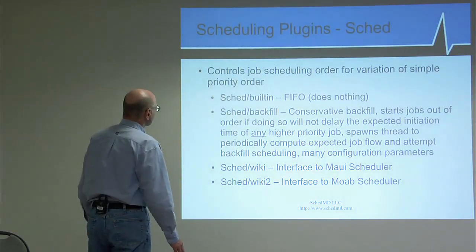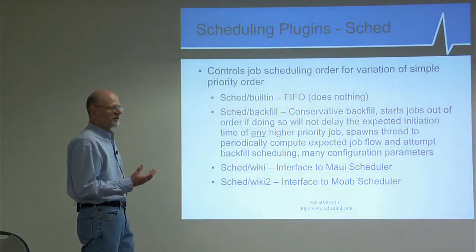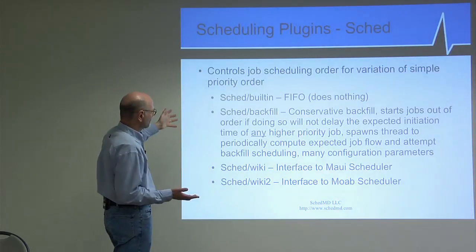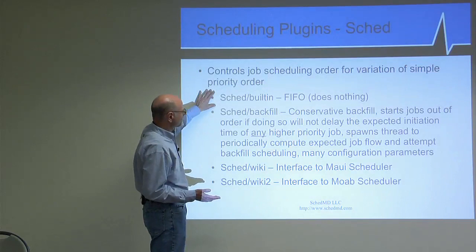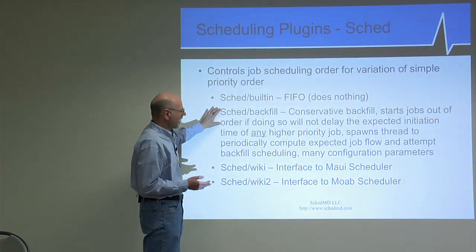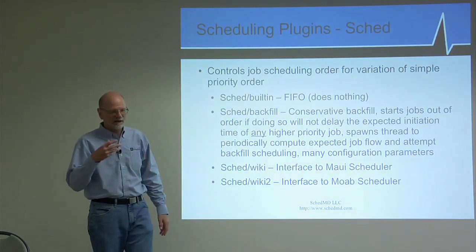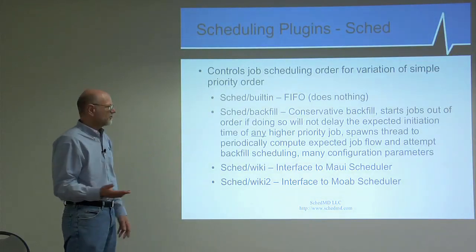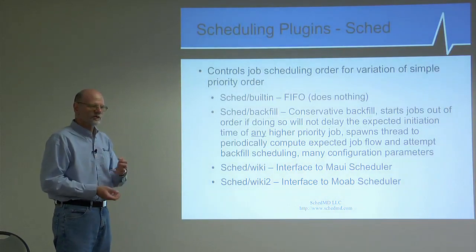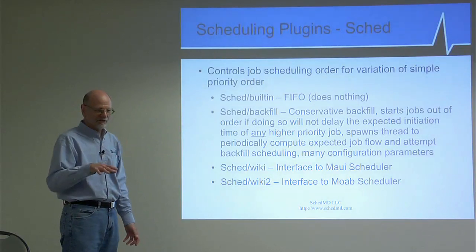Sched controls the scheduling order. I mean, the priority sets the priority of the jobs, but after the jobs are prioritized, there's a built-in which basically just takes the jobs in order. There's a backfill plugin. When this is started up, it starts up a separate thread that, depending on what your configuration parameters are, will go through the queue periodically and determine exactly where and when the pending jobs can start.